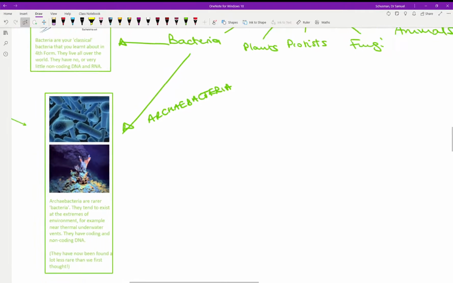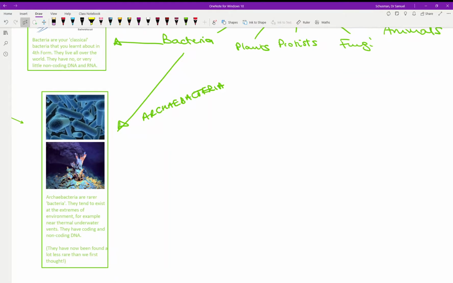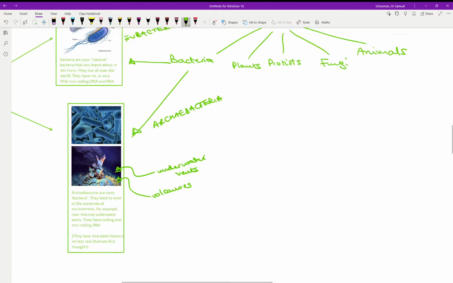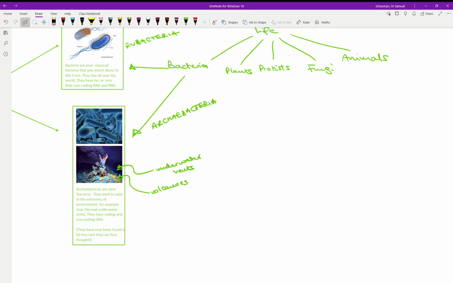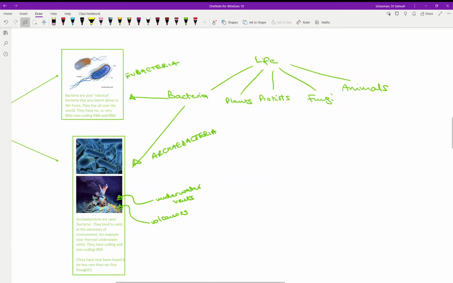They look like little rods if you look at them under a microscope, but they tended to be slightly different. They were in very extreme environments. They lived in underwater vents in extreme heat, or you found them around volcanoes. So there were these weird and wonderful organisms that looked like bacteria, but were found in different areas where you wouldn't expect eubacteria, our normal bacteria, to live.